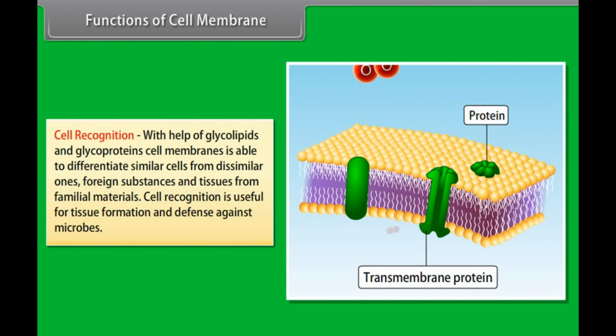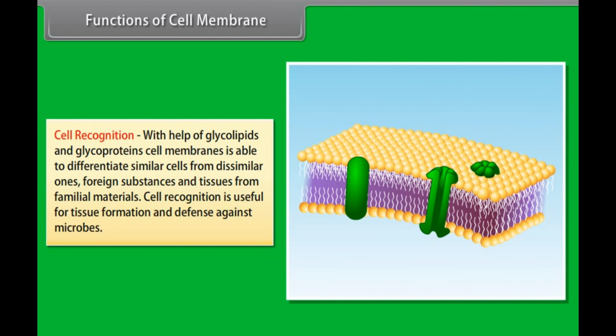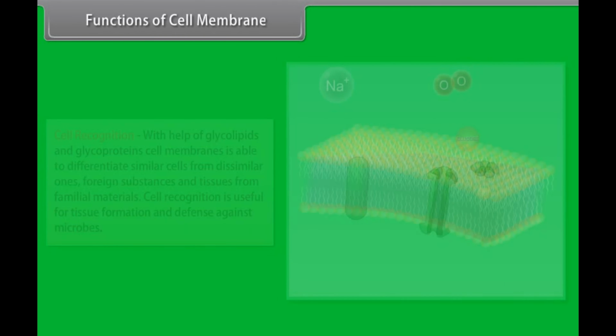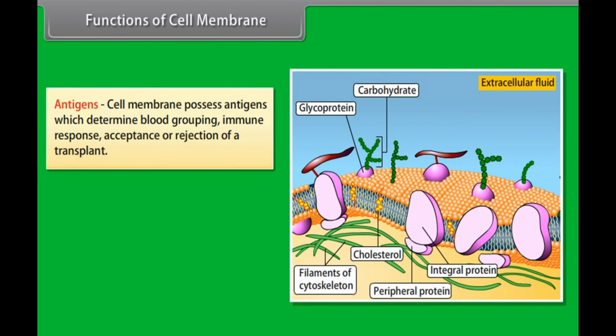With the help of glycolipids and glycoproteins, cell membrane is able to differentiate similar cells from dissimilar ones, foreign substances and tissues from familial materials. Cell recognition is useful for tissue formation and defense against microbes. Antigens. Cell membrane possesses antigens which determine blood grouping, immune response, acceptance or rejection of a transplant.